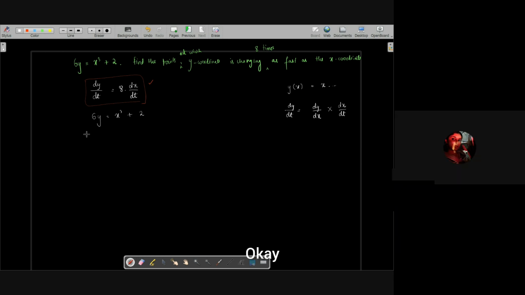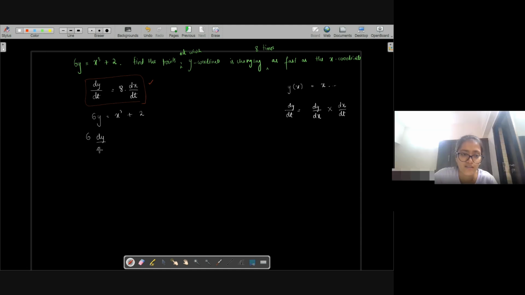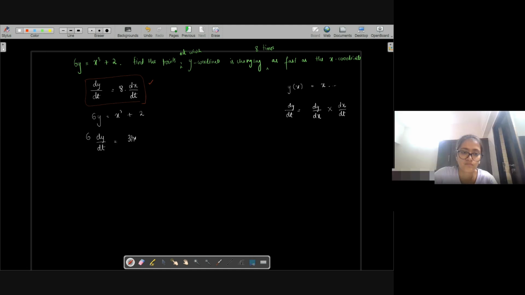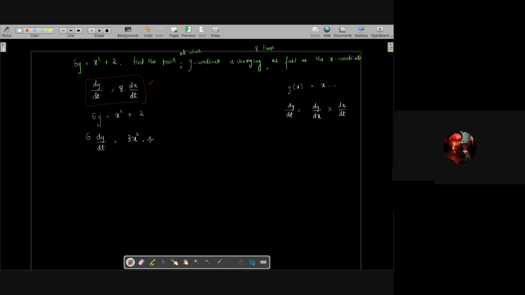Yes. So with respect to t, that would be 6 times dy by dt equals 3x squared times dx by dt. And then that's it, I think. Yes, exactly.